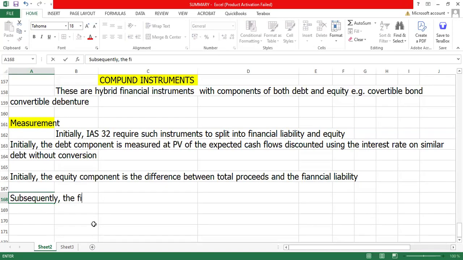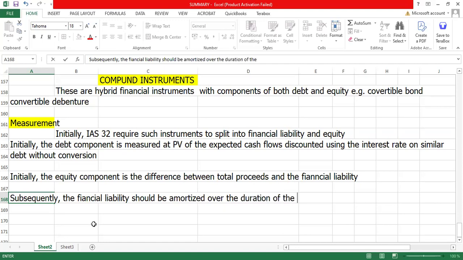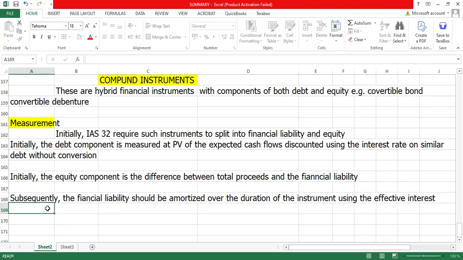the financial liability should be amortized over the duration of the instrument using the effective interest rate. Okay. So here you amortize over the duration of the instrument.